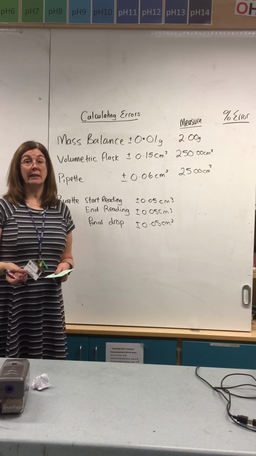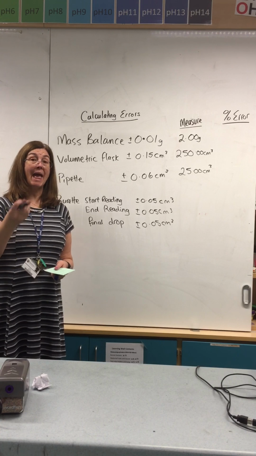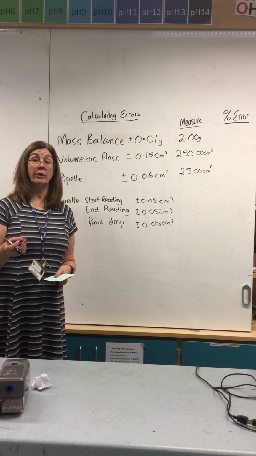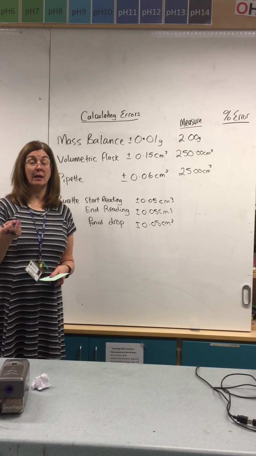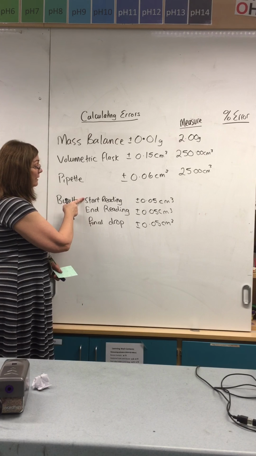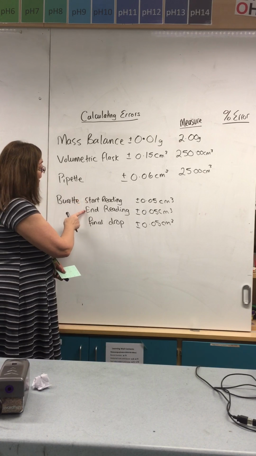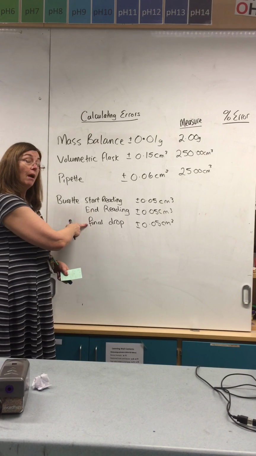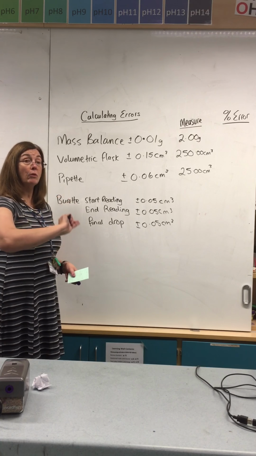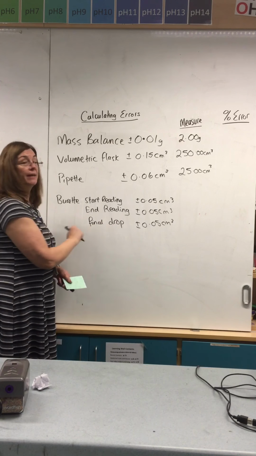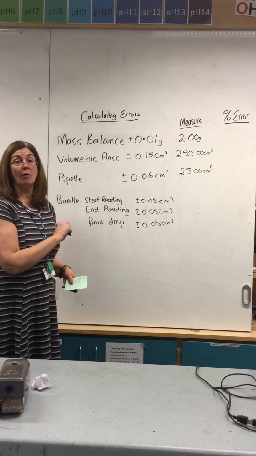And then the burette had errors. So every time I read from the scale, there was an error of 0.05 centimetres cubed. And I had a start reading, that was my initial reading. I had a final reading, that was my end reading. And then the final drop, the one drop that turned it from one colour to another, was also an error, and that was 0.015.